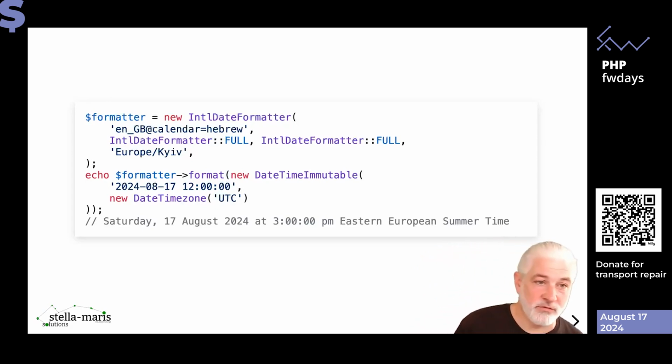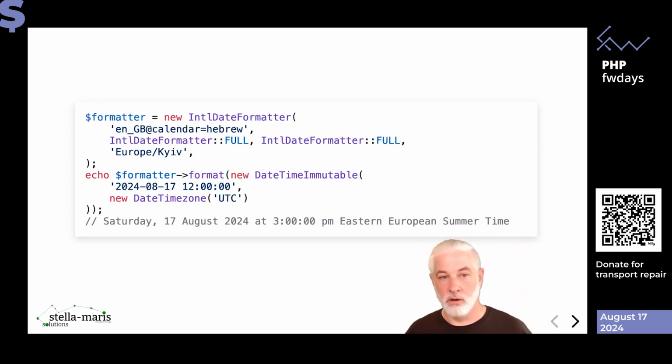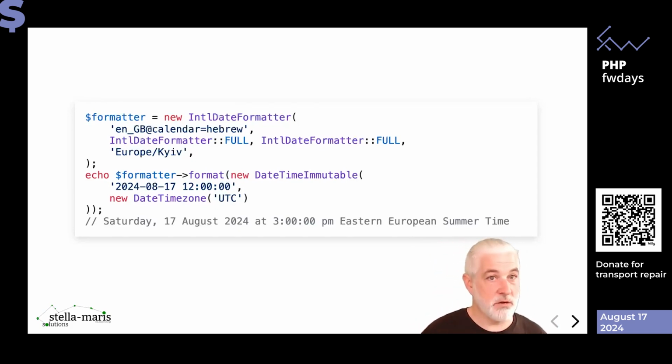Here in the Intl Date Formatter, you just say, I want the full date or the full time, or I want the medium or small. You probably want to check which format means which, but how that is formatted then is completely depending on the locale, which makes sense. So you don't have to worry about that. You just need to worry about, yes, I want the full information or small information or whatever.